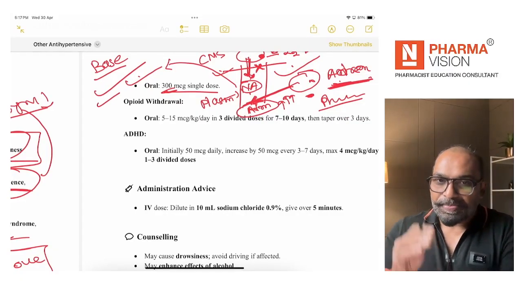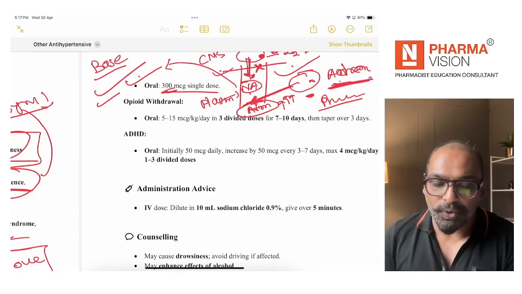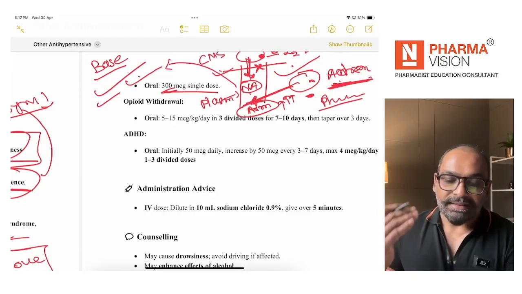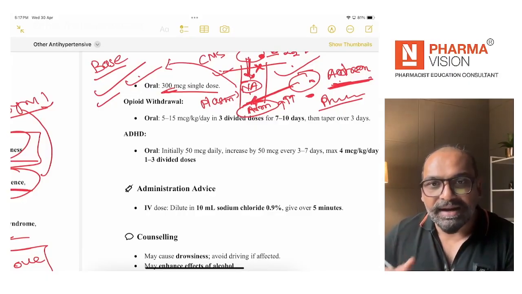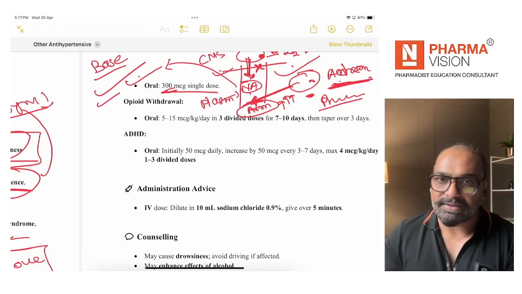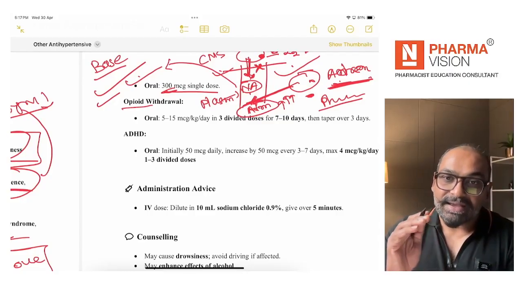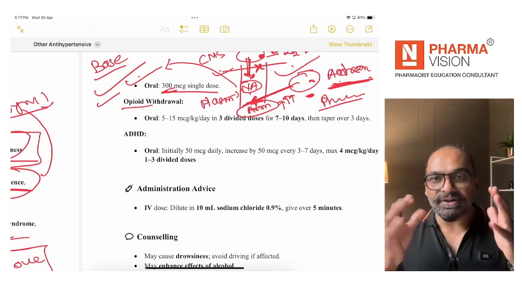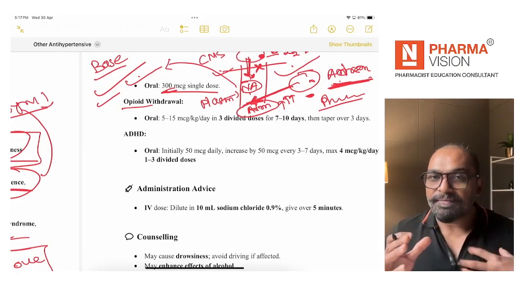Opioid withdrawal: why clonidine is used is very important. When the patient stops taking opioids, there is an over-release of sympathetic activity. Opioid withdrawal increases the sympathetic tone, so the patient gets tremor, sweating, uneasiness, palpitation.